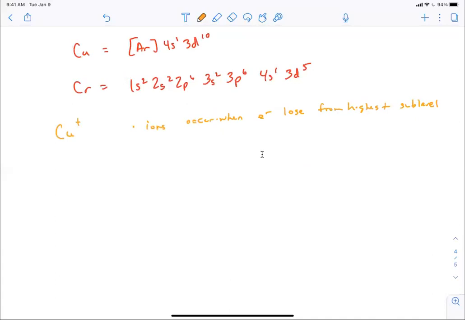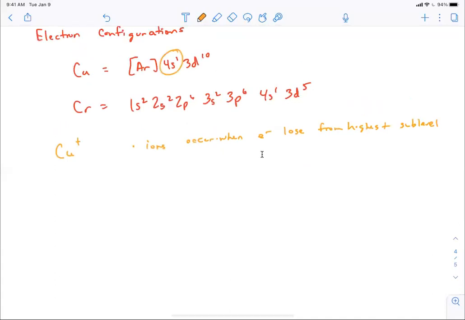So in this case, you would lose from 4s first. So you have to know that. Two, you have to know the exception rule of copper, knowing that it's [Ar] 4s1 3d10.